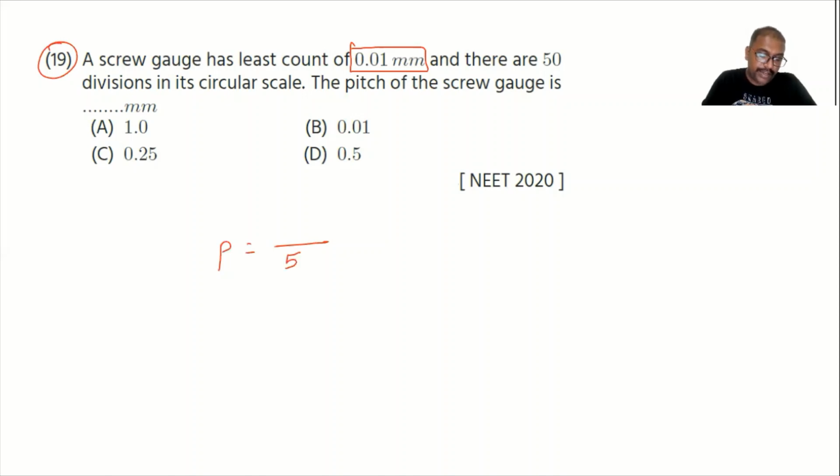So here it is 50 divisions, and the screw gauge has a least count of 0.01. So least count is pitch divided by the number of divisions on the circular scale, which is 50. So pitch is equal to 50 multiplied by least count.